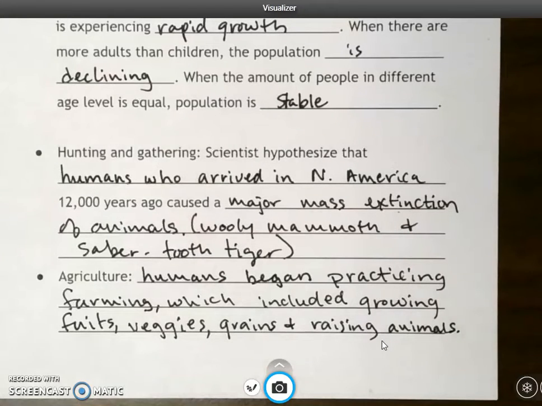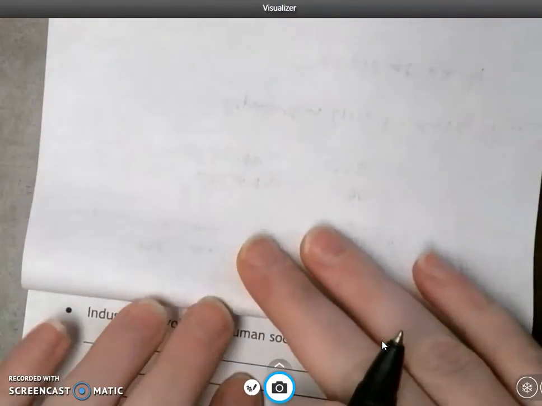After that, human population stayed pretty stable until the Industrial Revolution began.